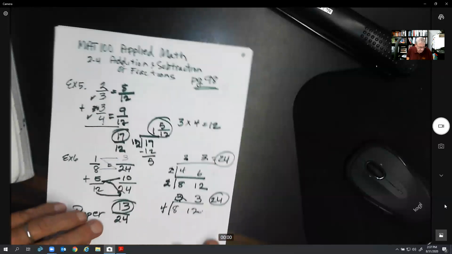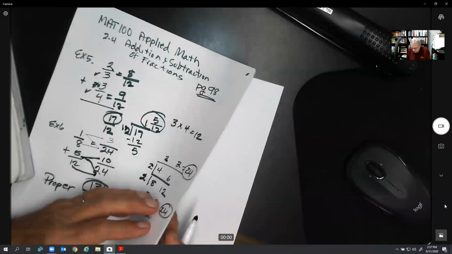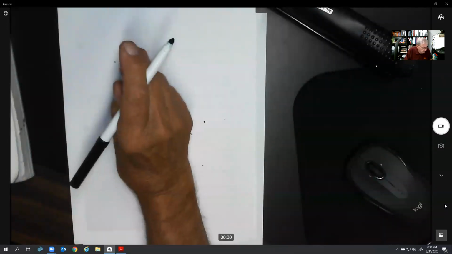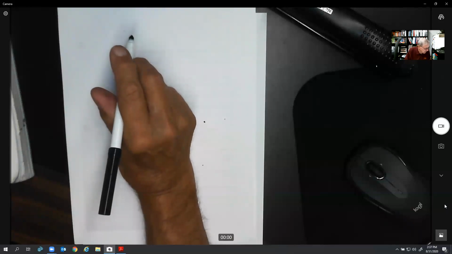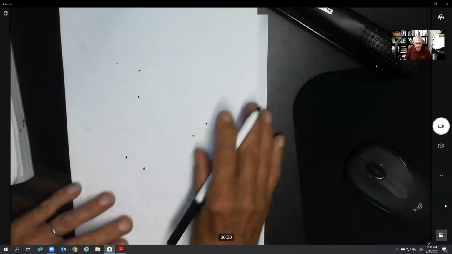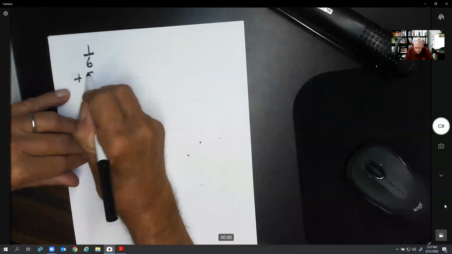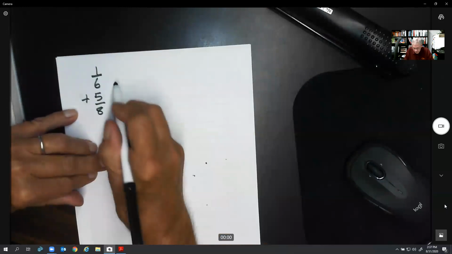Let's try another one. See if we can do it. Grab another sheet of paper. Let me find the problem here. 1/6 plus 5/8. Let's try that. Okay.